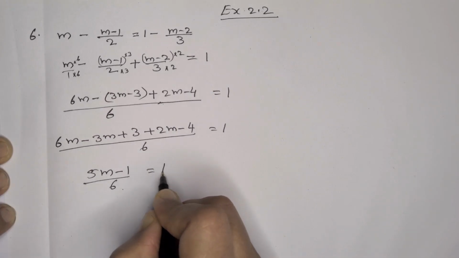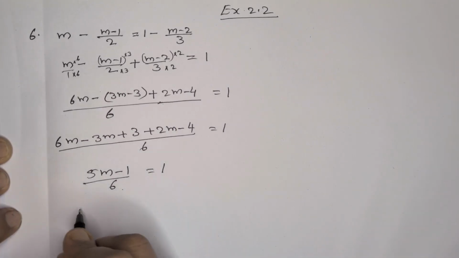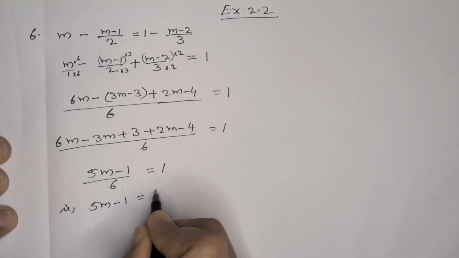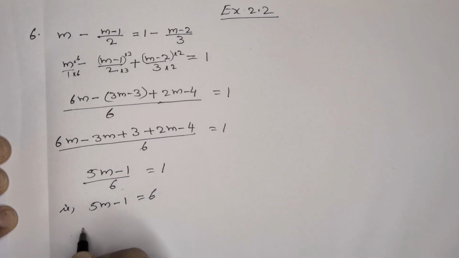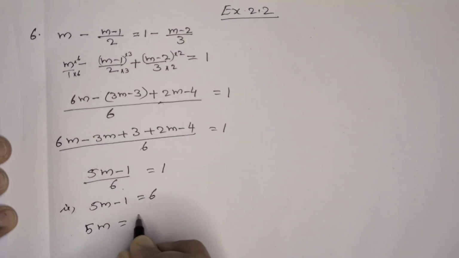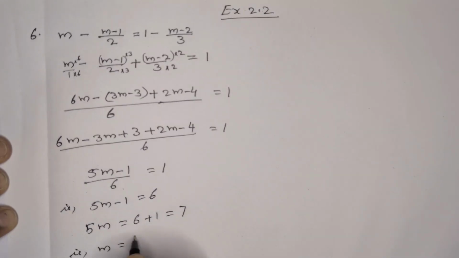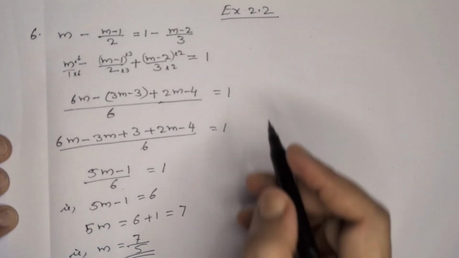Now here we can cross multiply, that is 5m minus 1 is equal to 6. 5m is equal to 6 plus 1, is equal to 7. That is m is equal to 7 by 5. Value of m is 7 by 5.